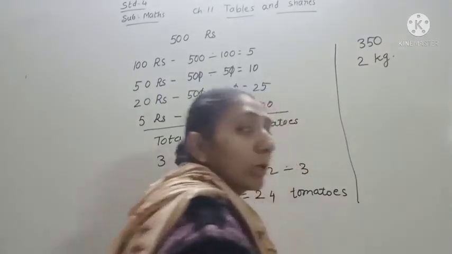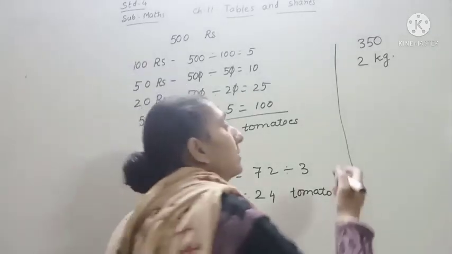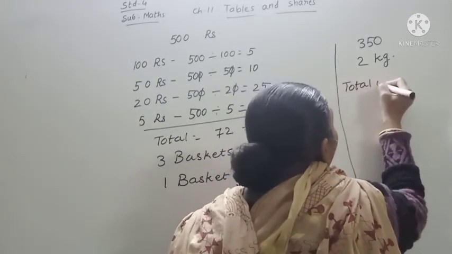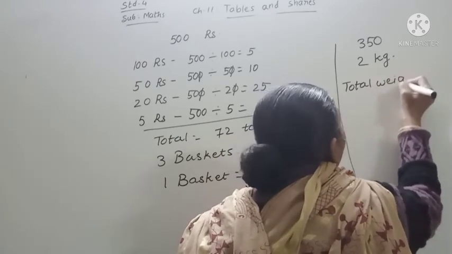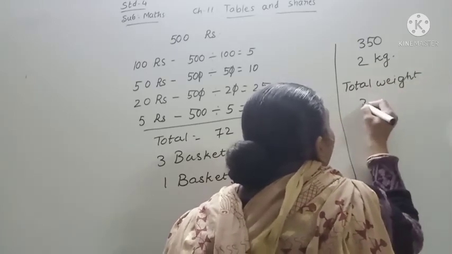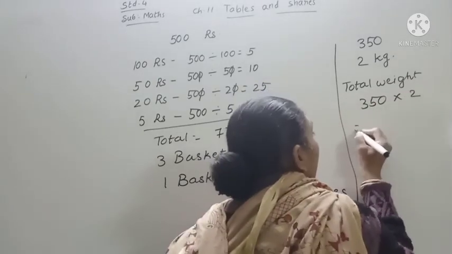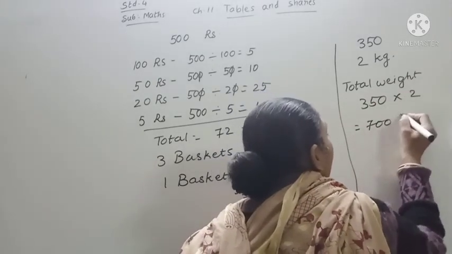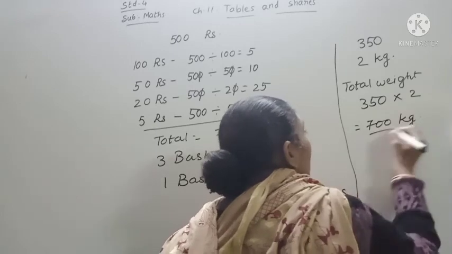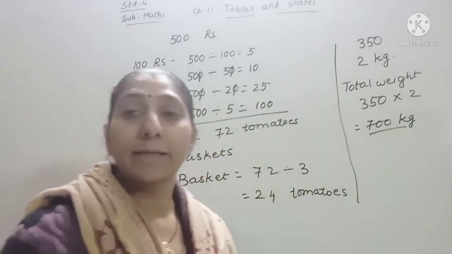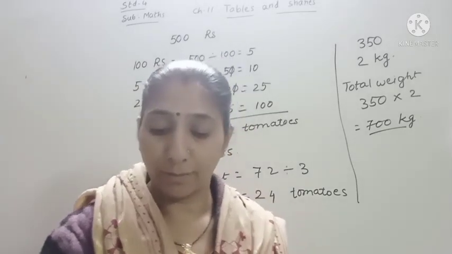So what will be the total of all the bricks? Total weight will be 350 multiplied by 2. So the total weight will be 700 kg.